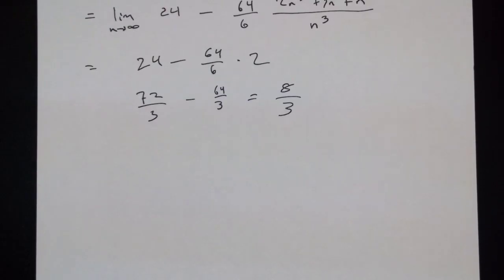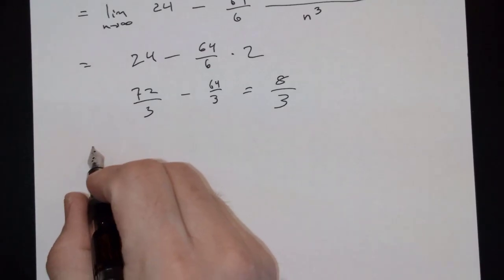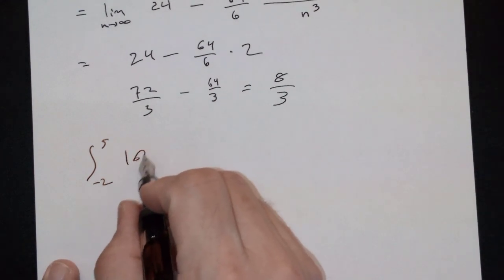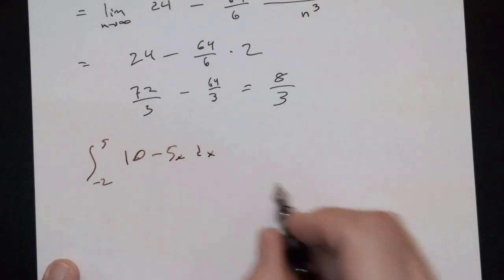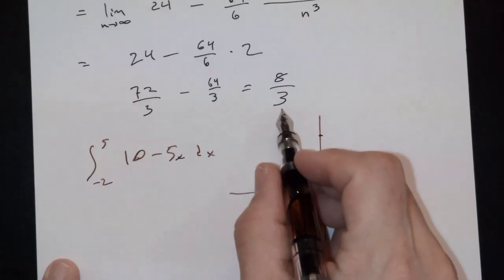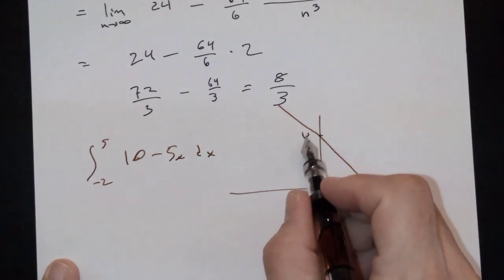So let's look at 41. 41 is the integral from -2 to 5 of 10 minus 5x. Wait a minute. 10 minus 5x is a line. It goes there at 10.